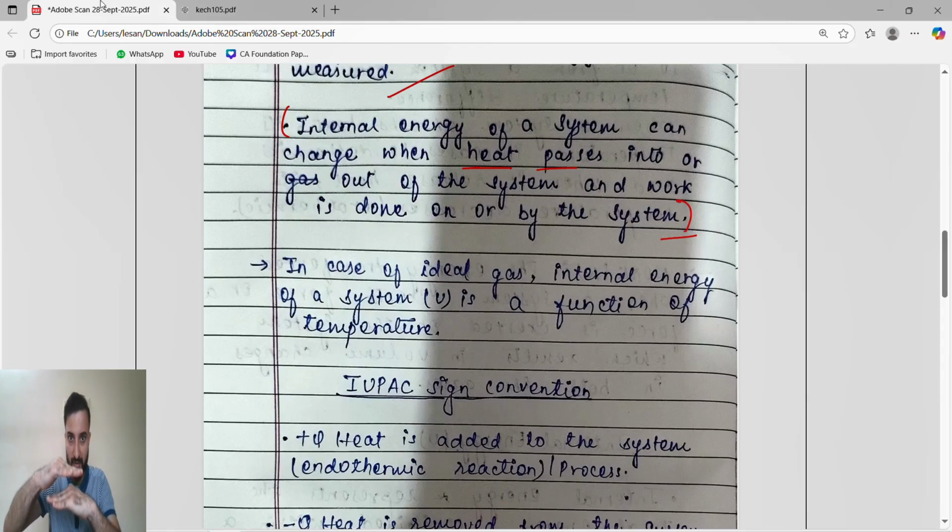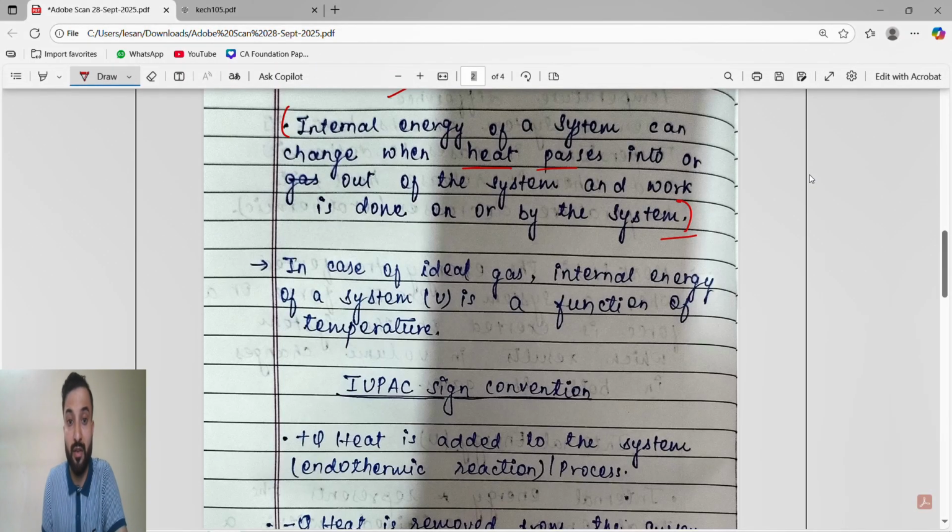Movement will slow down, but interaction will increase, because the space is less. If work is done by the system, expansion will happen, so we get more space. More space means the movement of particles will be high and the interaction will slow down. So this is how the internal energy will change.